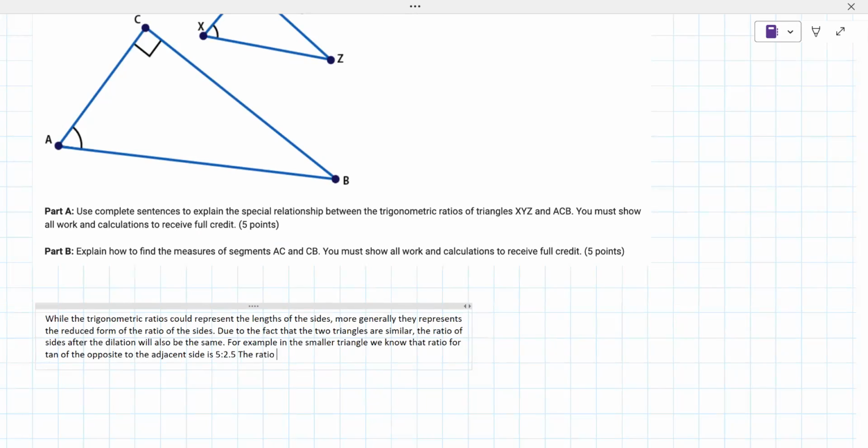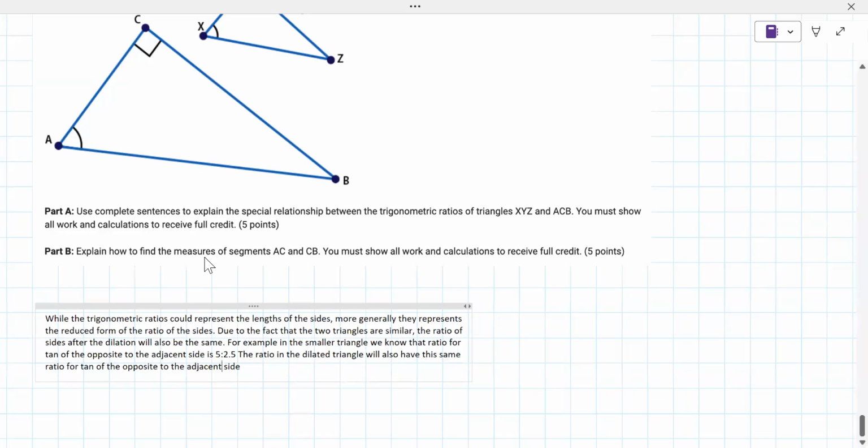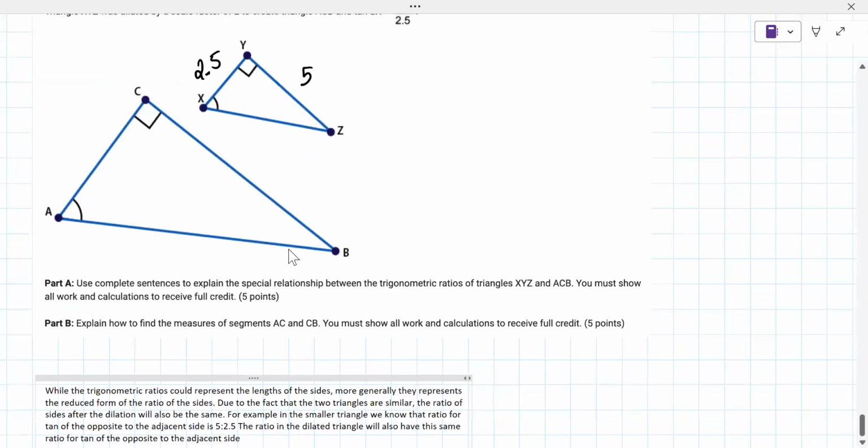The ratio in the dilated triangle will also have this same ratio for tangent of the opposite to the adjacent side. Like that. I think that's enough to find part A. Got it.